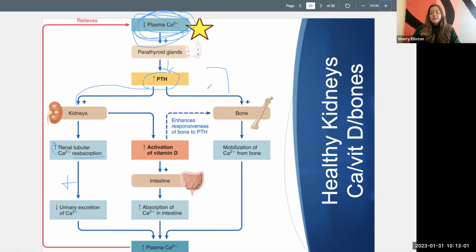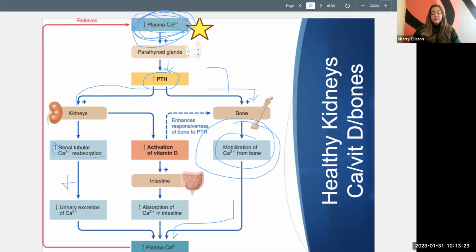In our bones, the parathyroid hormone tells our bones to mobilize calcium from the bone. So the kidneys are reabsorbing and holding on to calcium, and the bone is sending out calcium.